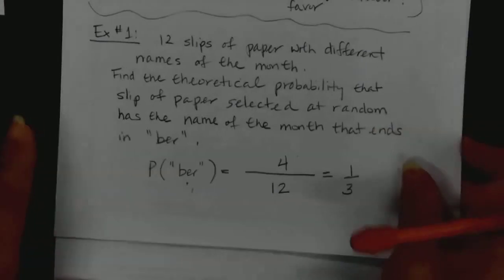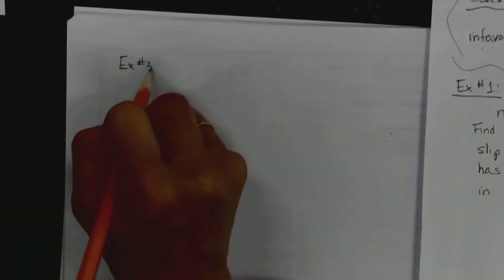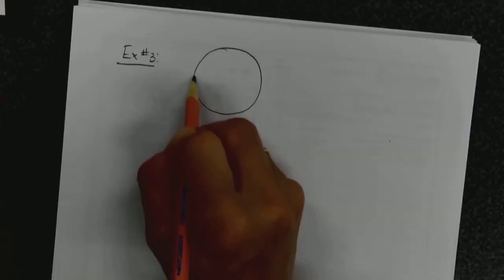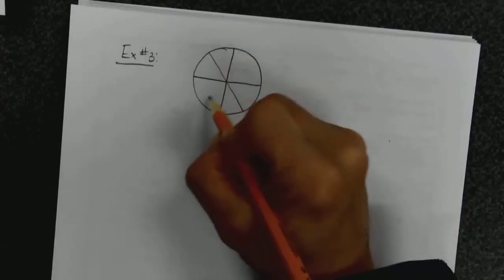All right, example number 3. Is this our last example? Yes, sir. I have a spinner. It looks more like an oval.